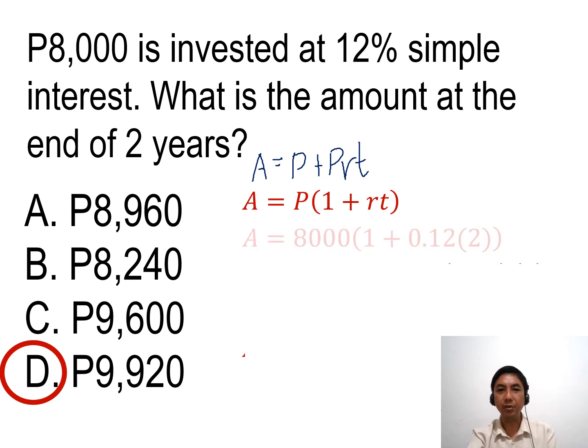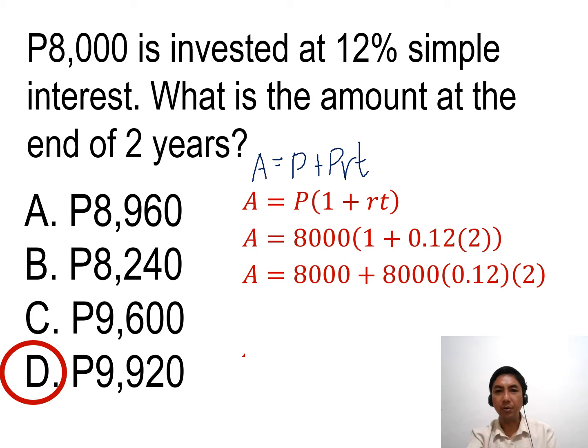Okay? So, substitute lang natin. Ang P is 8,000 times 1 plus, ang rate is 12% or 0.12, and T is for 2 years, so we are given 2. Simplify. So 8,000 times 1 is 8,000. 8,000 times 0.12 times 2 is this. Then, just copy 8,000.